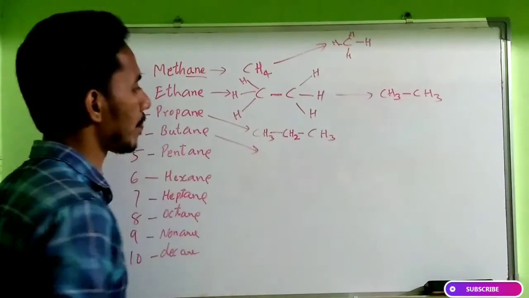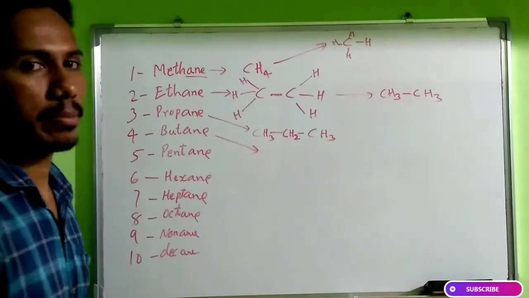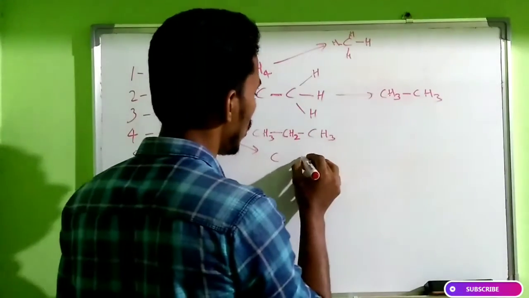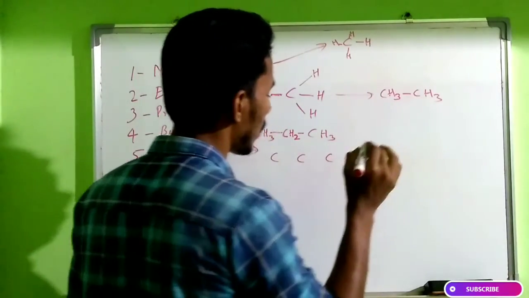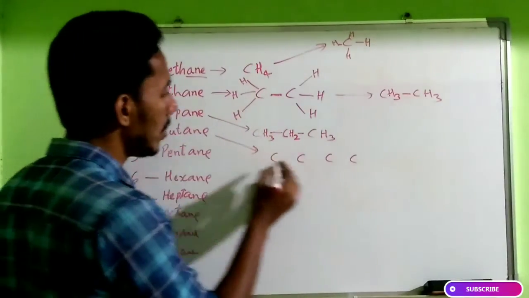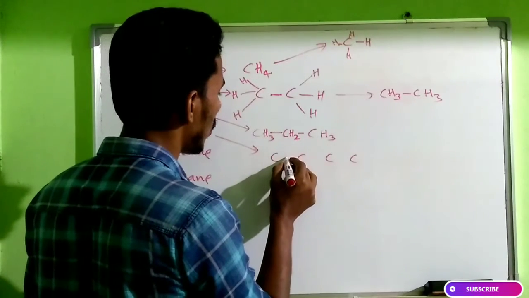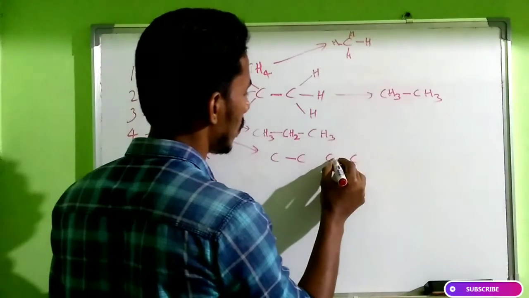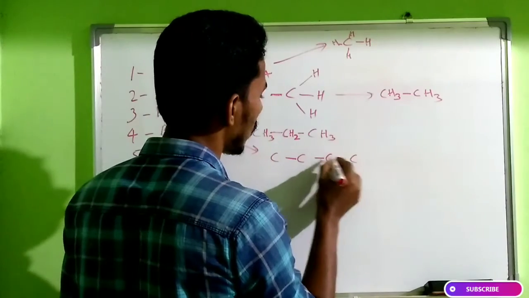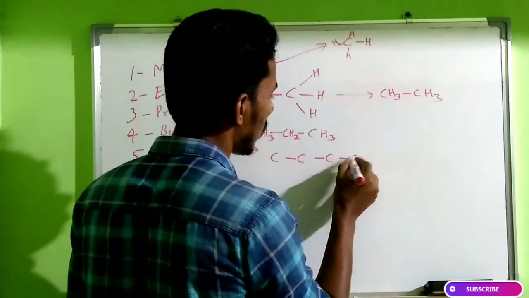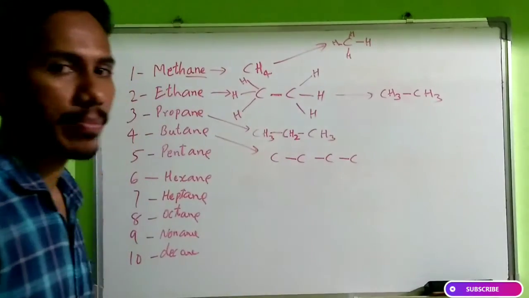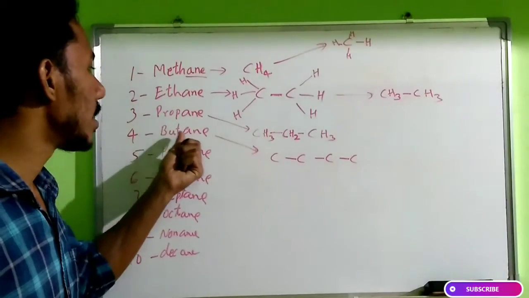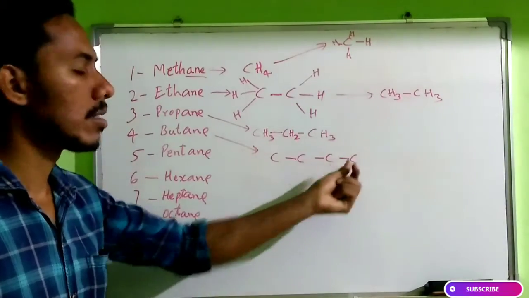Then next one, butane. But means 4. 1, 2, 3, 4. Then fill the bonds. ANE means only single bond.